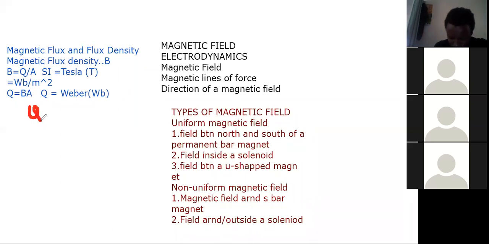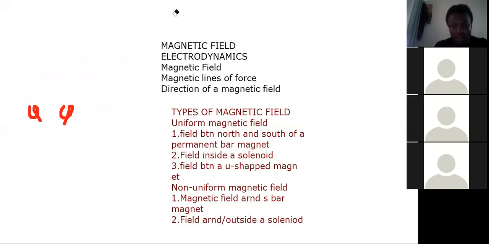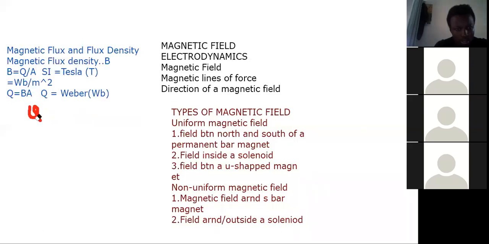This is supposed to be psi, but for the sake of this, let's use the K. But just take note that it's psi, not K. So we can therefore see that 1 Tesla is equal to 1 Weber per meter square.